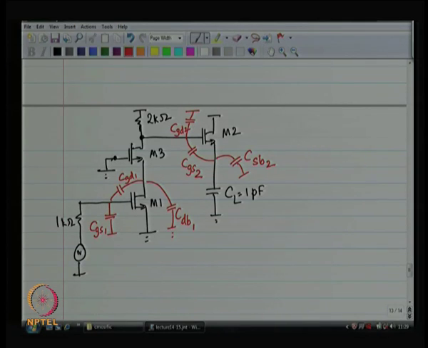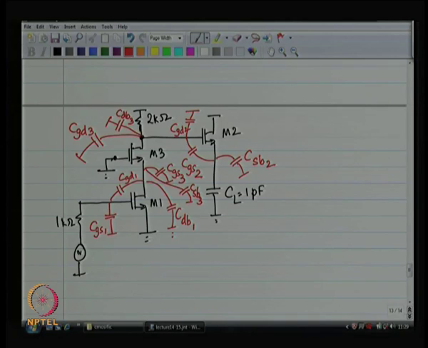Now, device number 3, gate to source of device number 3, then gate to drain of device number 3, drain to body of device number 3, and source to body of device number 3. All right. So, these are all the capacitors and of course, CL.